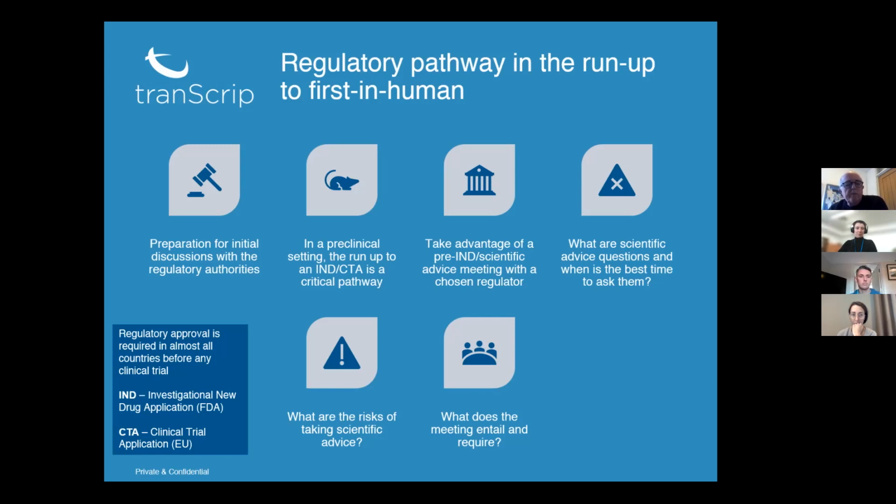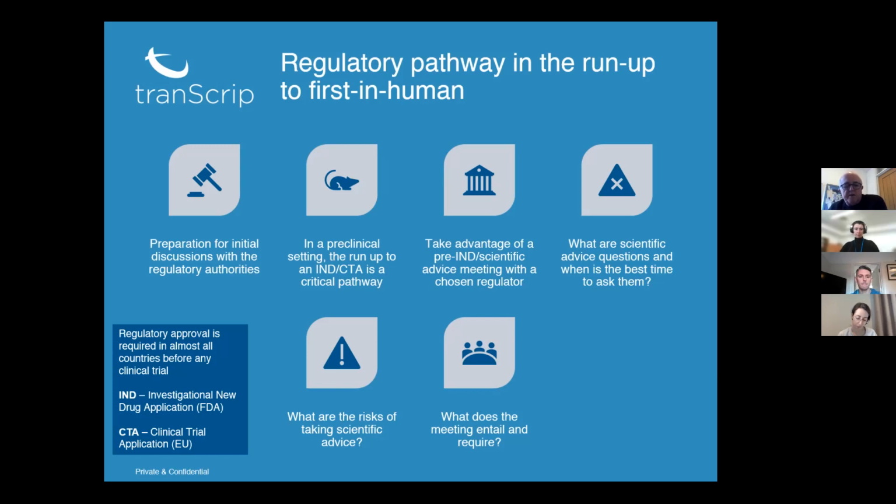Okay, thanks. In terms of the regulatory pathway in the run-up to first in human, this is not a single linear process, and indeed the pathways can be extremely variable. But the preparation for discussions is obviously vital.